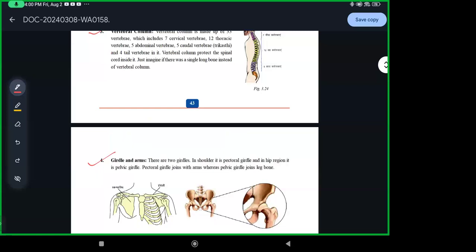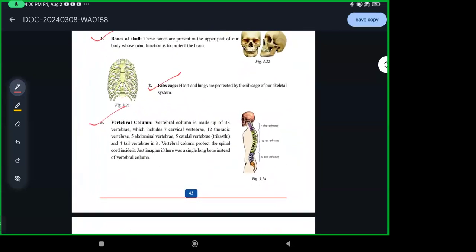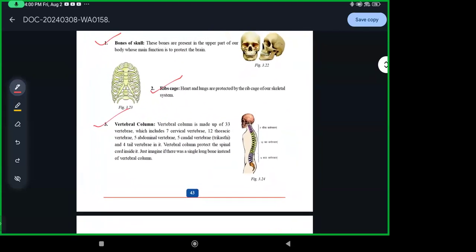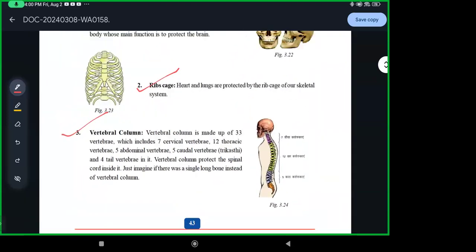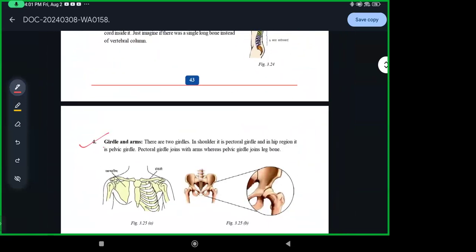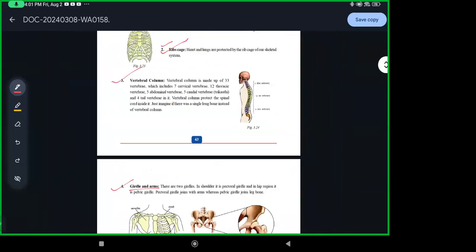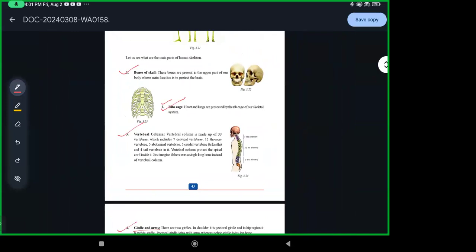For a 4 marks question, if you have written bones of skull, I've given marks. Vertebral column, I've given marks. But you also have to write rib cage and girdle and arms. This whole thing, all these four, are the components of the skeleton system.